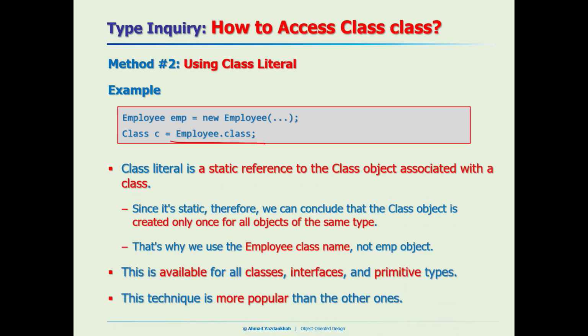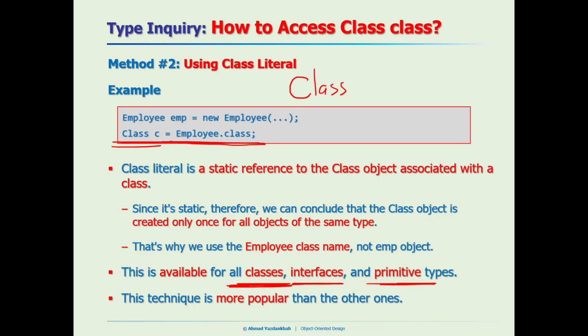Two things I need to tell you about this technique, technique number 2. First of all, we can use this technique to get the information of this class, for other classes, interfaces, and also the primitive types. What? Yeah, for primitive types we can use the same technique and get the class object.